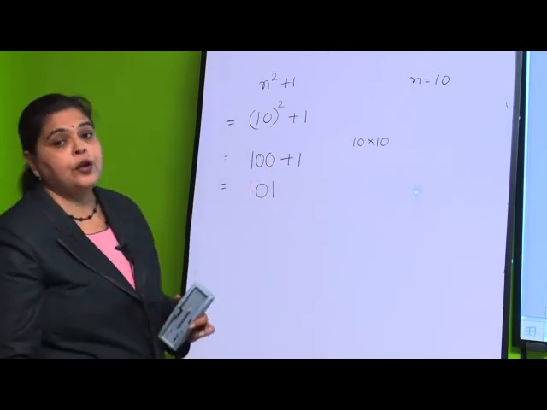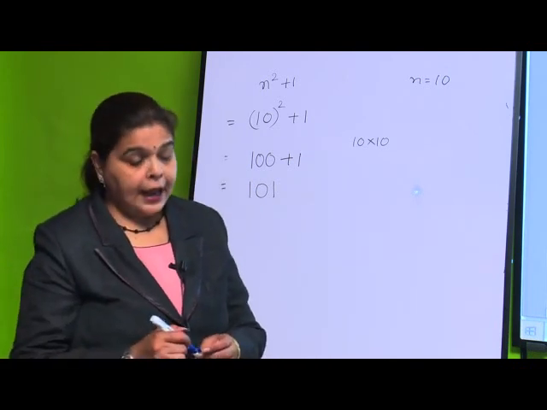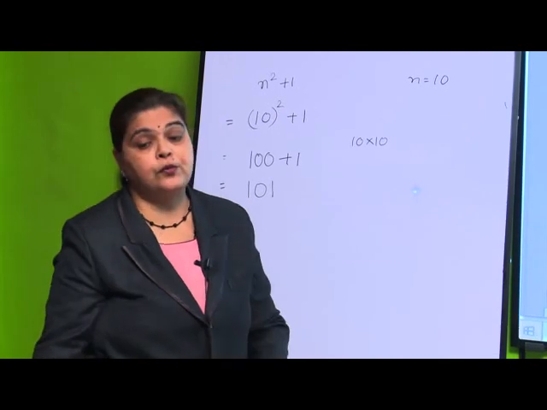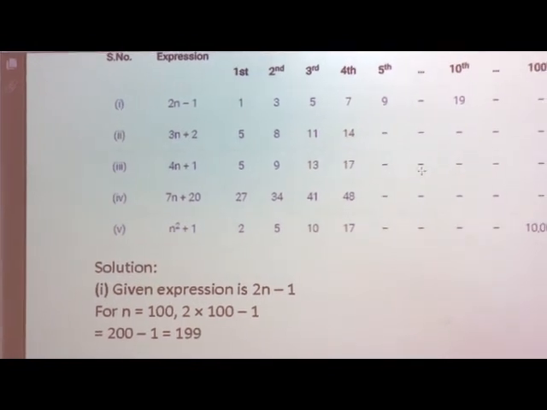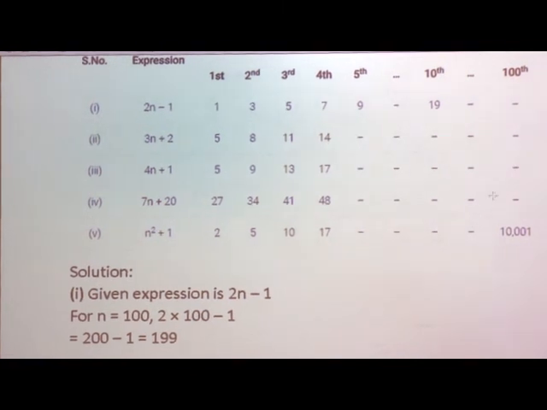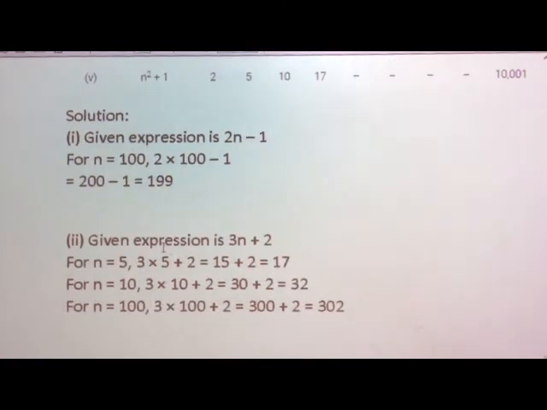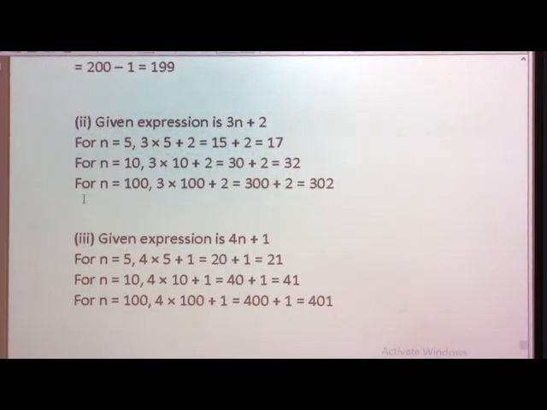So, in this way you have to find out the values for the n number of patterns which are given to us, and by solving this we have to fill this tabular form. Here we have the many expressions we had solved with a tabular form.